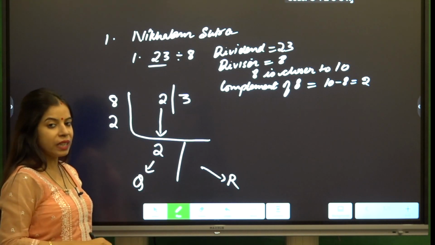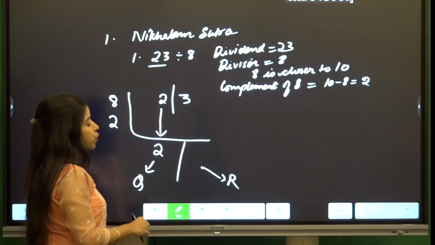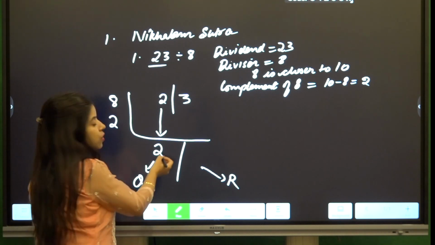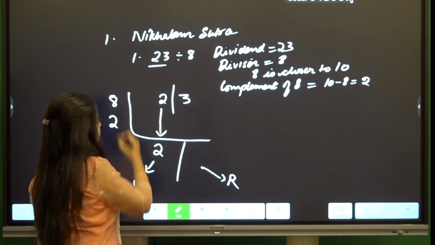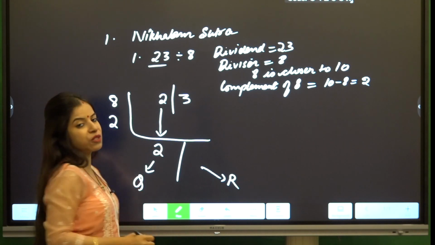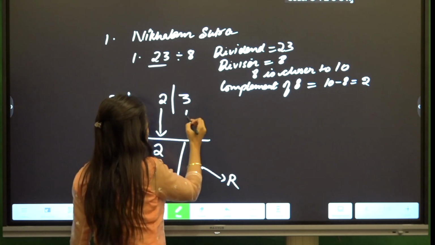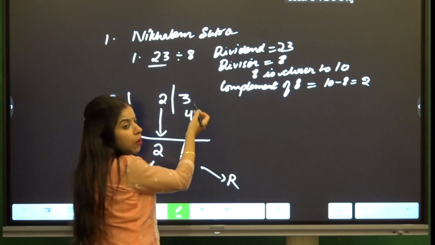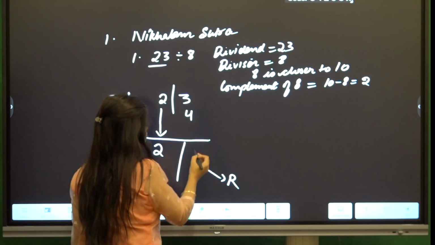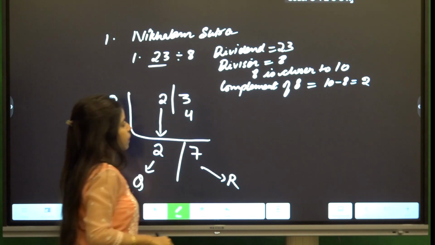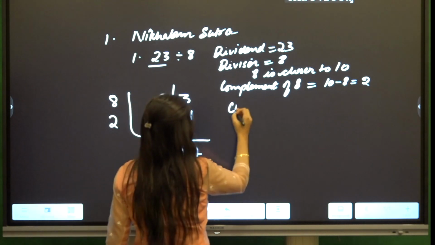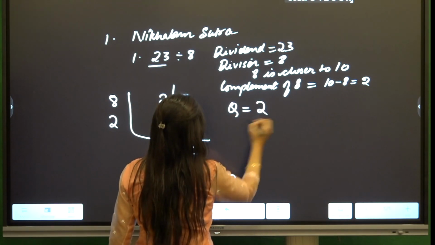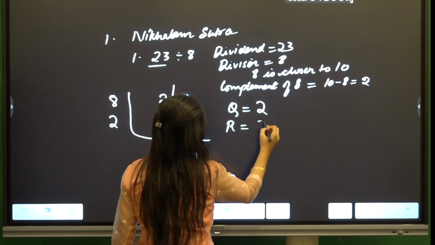For the next step, I am going to multiply the first digit of the quotient with the complement. So, 2 into 2 is 4 and I am going to place it before 3. Now I am going to add 3 plus 4, this is 7. So, quotient is 2 and remainder is 7.